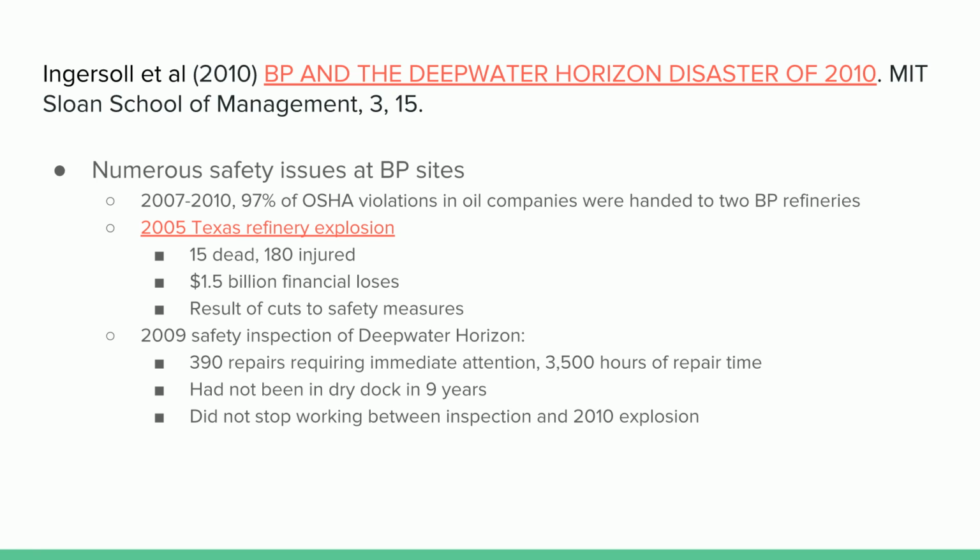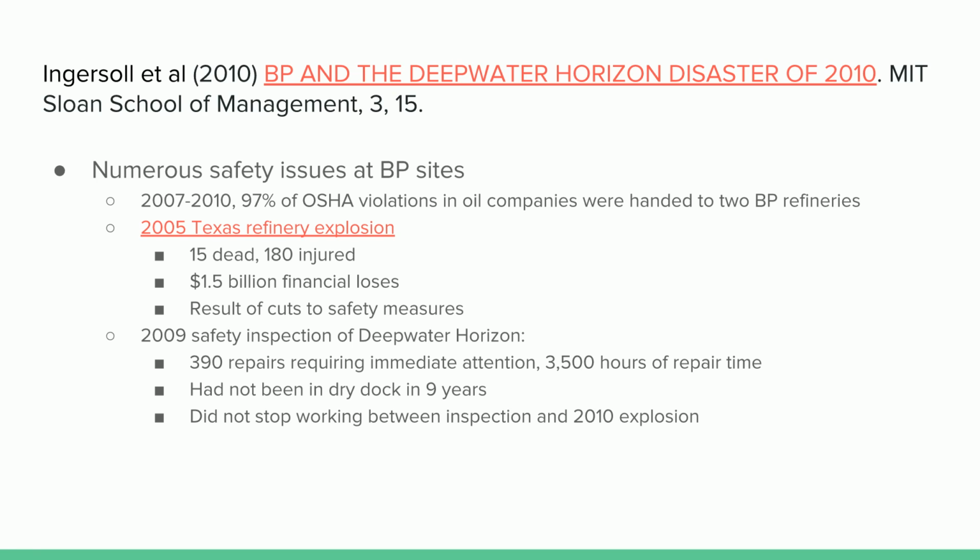In this article, they do several things that are interesting. One is that they talk about prior safety violations at BP, prior ethical violations at BP. BP was not a very safely operating company. There were a huge number of violations before this event.